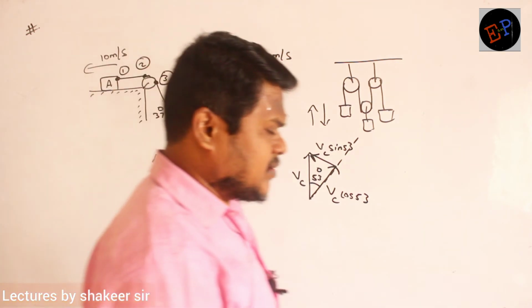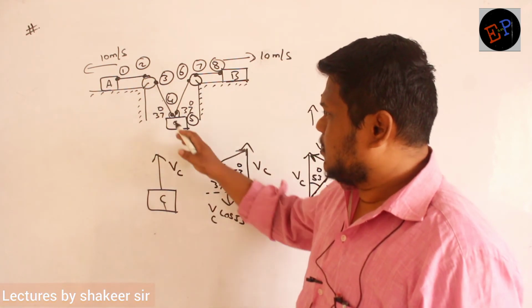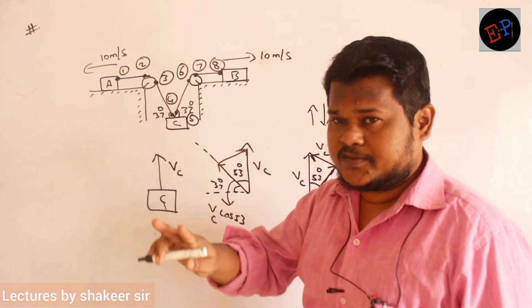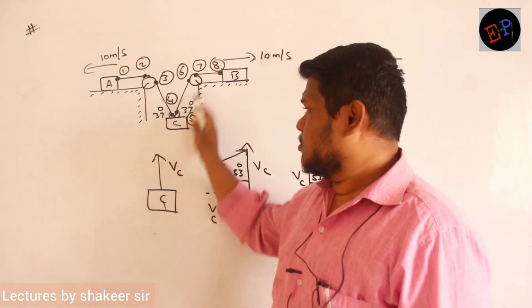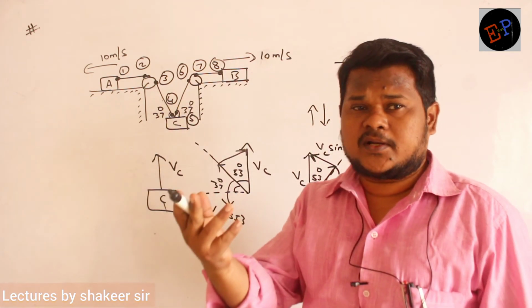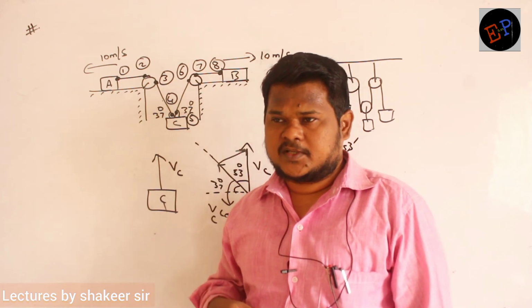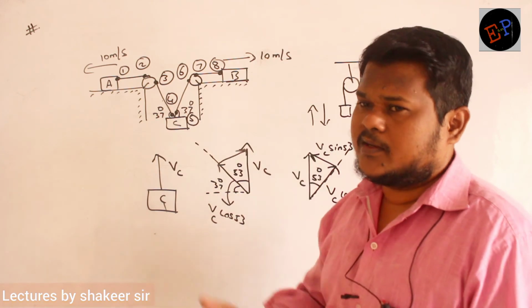Are you identifying clearly which points we are taking, ma? Here even though one rope is connected to block C, I am taking it as 2 points. Why? Because this rope is also pulling block C. It is equivalent to 2 ropes. Common sense. Are you able to understand now? So totally 8 points. Now what do I have to do?